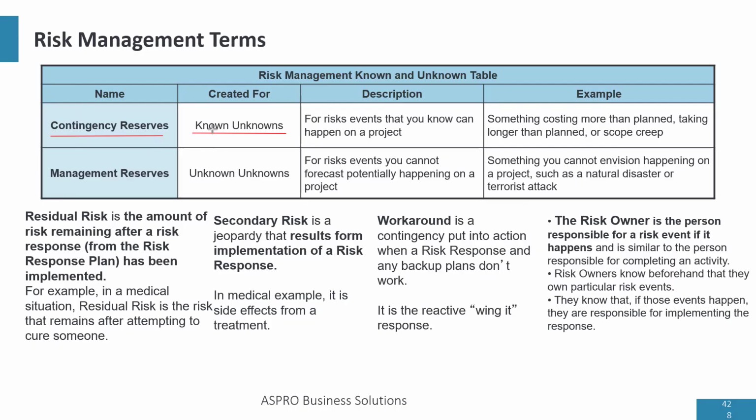Yes, you have. You've seen cars having flat tires, which means if you are driving a car, a known risk is that you can have flat tires. It's not a miracle, right? It's not something that is extraordinary. Everybody, at one point, if you've been driving long enough, you'd have had a flat tire. So contingency reserves are created for known risk.